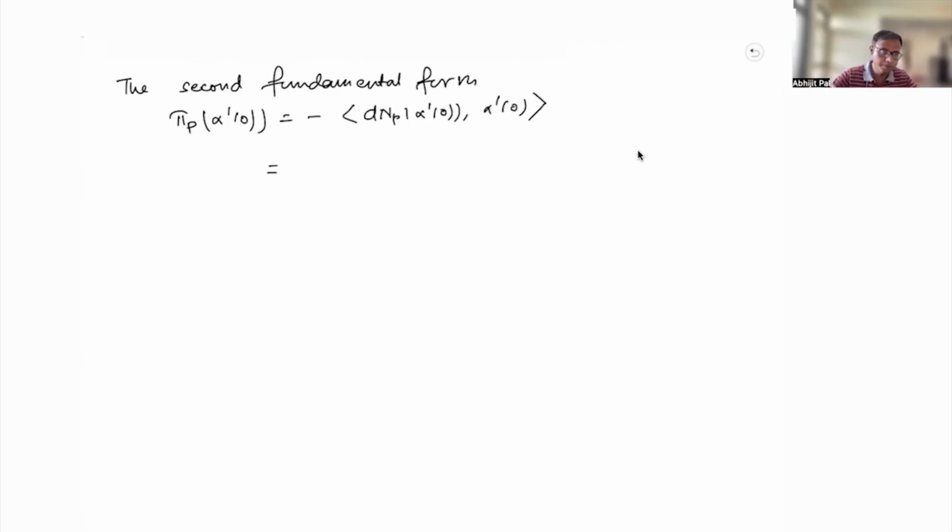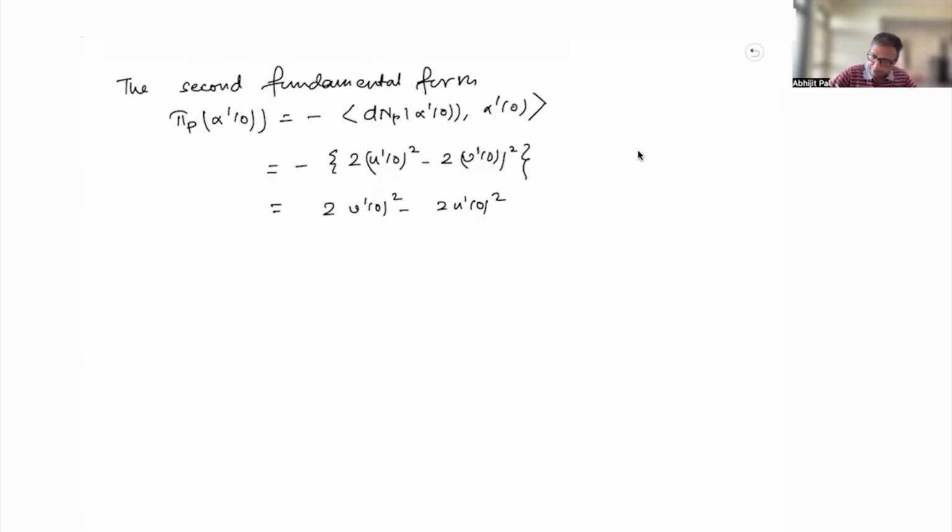So this is equal to minus of (2 u prime 0 square minus 2 v prime 0 square), which is equal to 2 v prime 0 square minus 2 u prime 0 square.